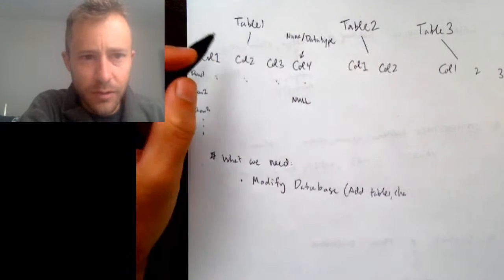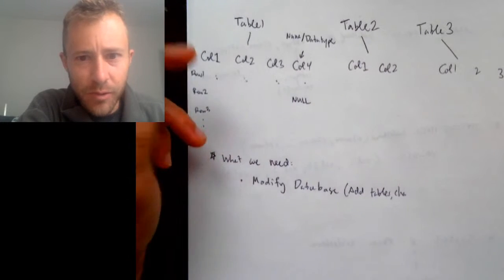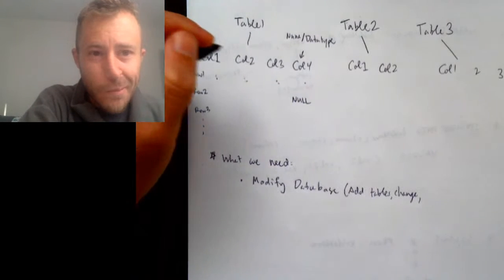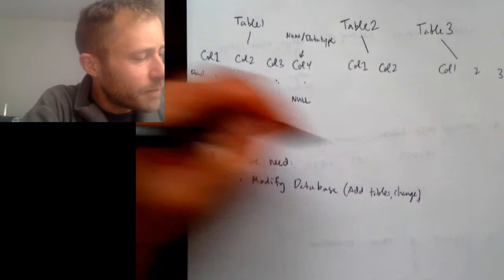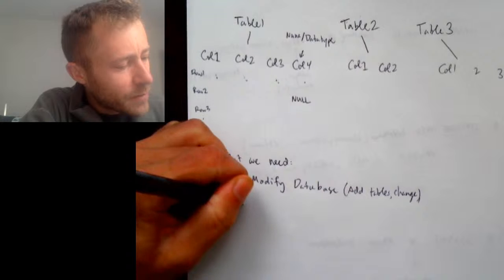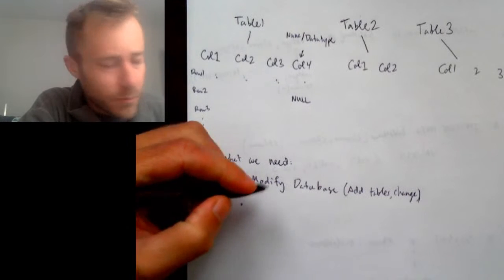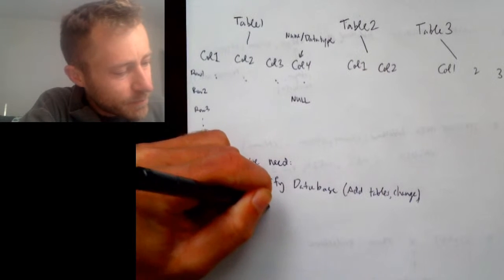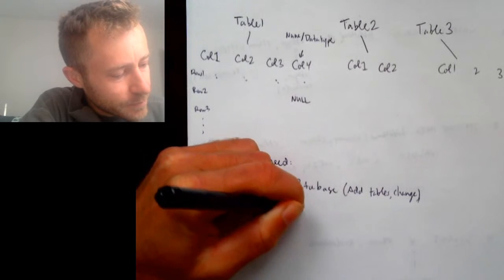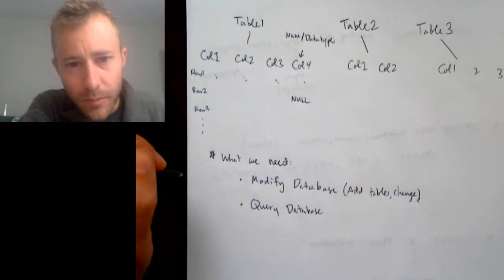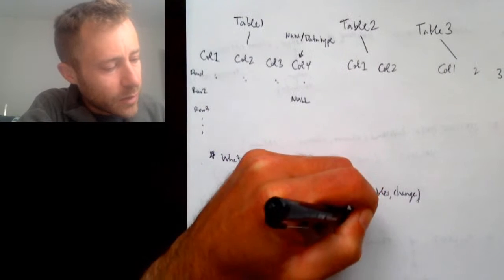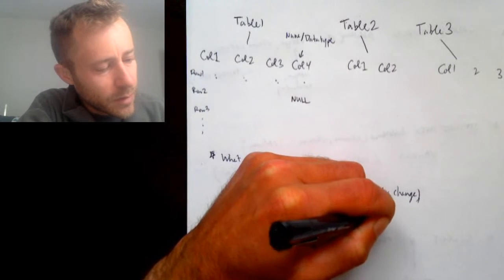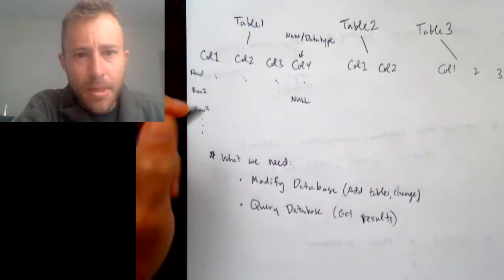So you can add columns to a table. You can and so on. And then we also need to be able to query the database. Okay, so that means get results. Or search it.